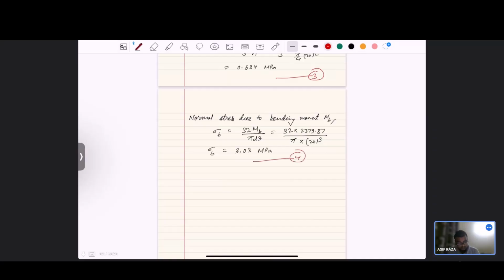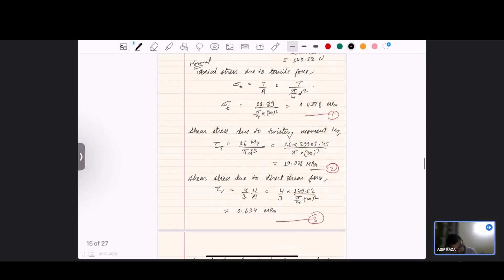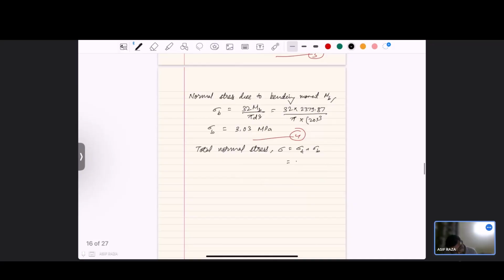So now the total normal stress, sigma, I'll just write sigma equal to sigma t plus sigma b, where sigma t is 0.0378 and sigma b is 3.03, so this would be 3.0678 megapascal.